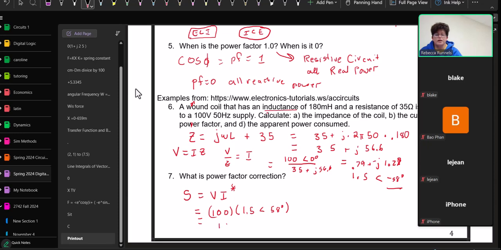So this would be 150 angle positive 58 degrees, and this would be VA. Our angle here is 58 degrees, and so our power factor is cosine of 58, which is 0.53.